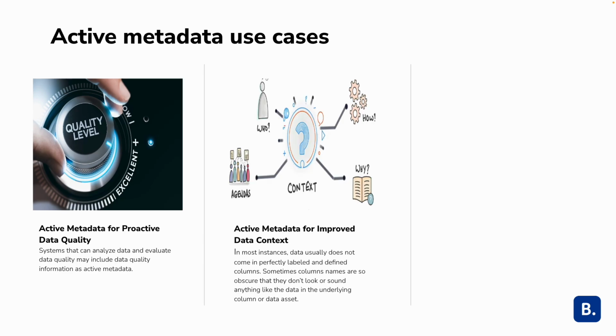The second use case is using active metadata to improve the data context. Sometimes we have a lot of what's called dark data in the organization: data that has been lying there, and no one knows where it came from and who the owner is. But it could also contain very important information.